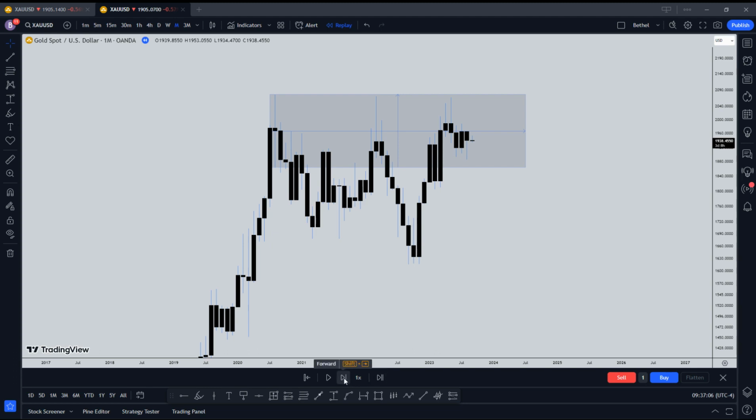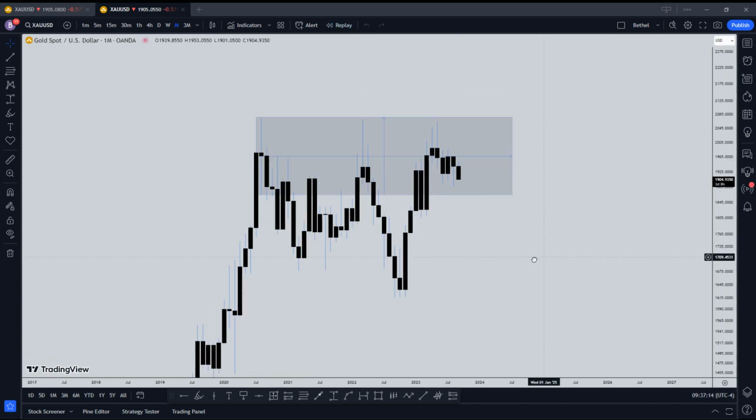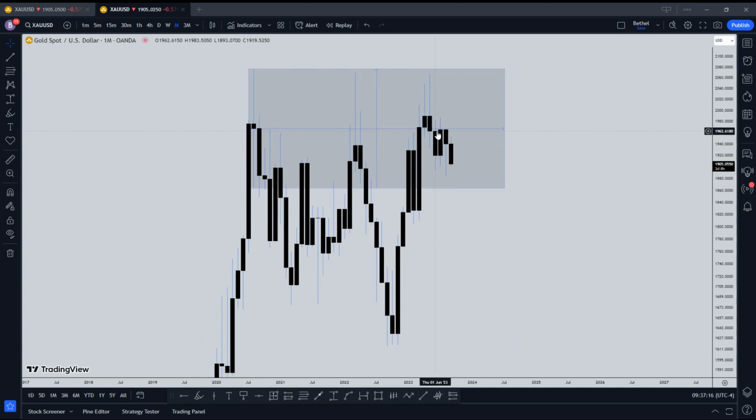Oh, this thing wants to play day by day. No, I don't want that though. Okay, let me remove this. So we had the next candle. So reject, change in direction. Now we've broken below this.